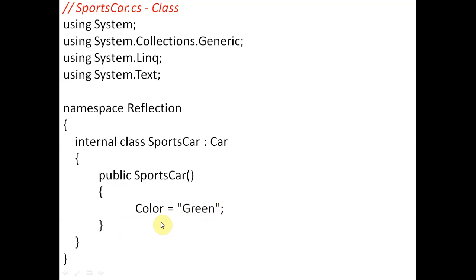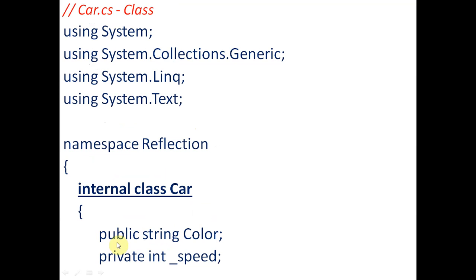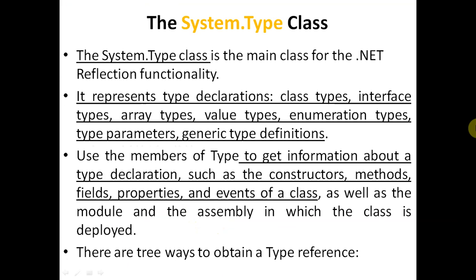Color is a public variable, as you can see in the previous one, that's why we can directly use this variable in the derived class. A protected variable can also be used in the derived class, but a public variable can be used anywhere. So we are assigning the value to this variable in the derived class.